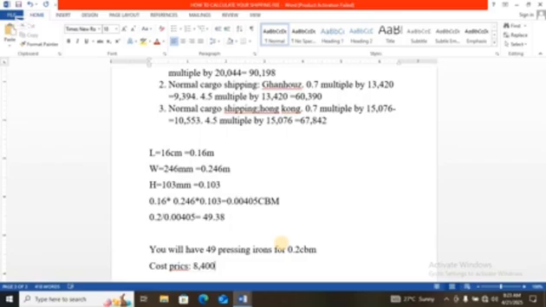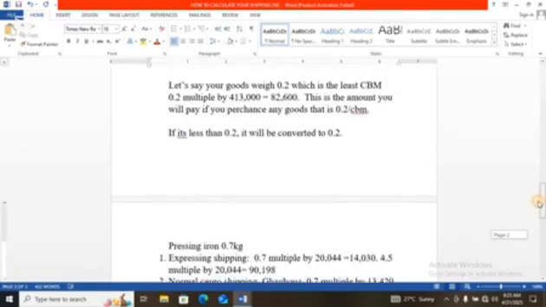Now since 49 pressing irons fit into 0.2 cbm, let's multiply by 49. So 8,400 times 49, you are getting 411,600. This is the cost for buying 49 pieces of this pressing iron. Now how much is the cbm?